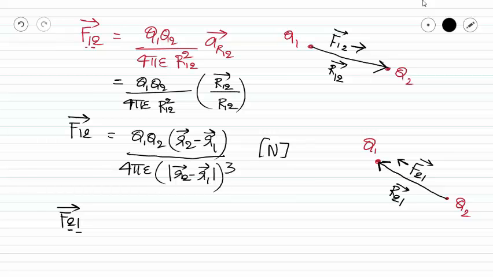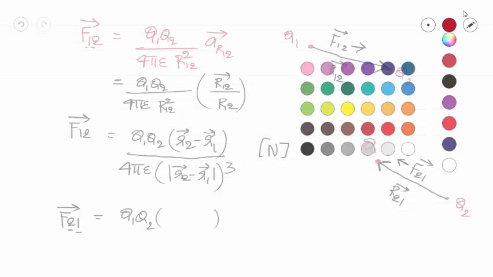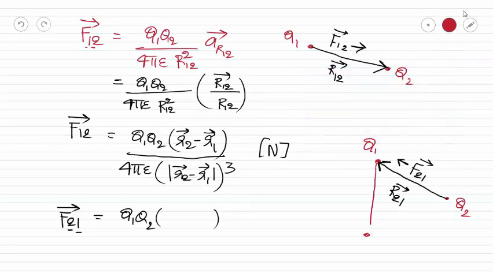The only difference is that earlier R12 bar was in this direction, and now R21 bar is in exactly the opposite direction. So I can write Q1 Q2. Now what is R21? Let us draw the position vectors also. This is the origin, this is the line from origin to Q1, and this is from origin to Q2. This is R1 bar, this is R2 bar.